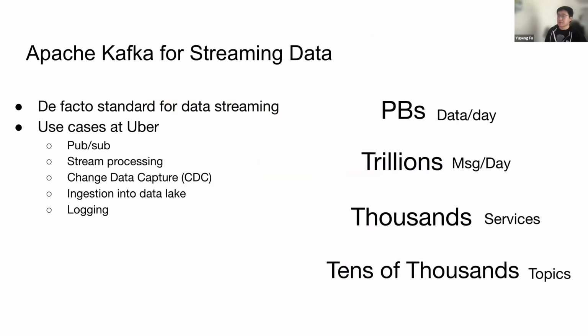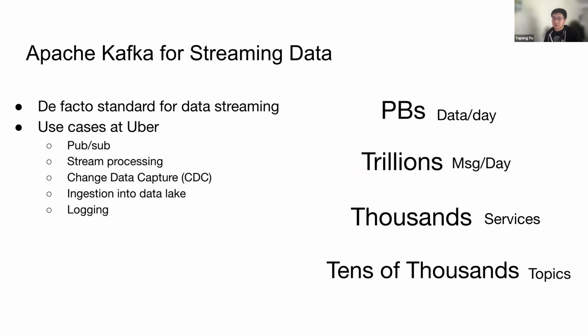So first, let's look at the streaming data where Uber adopted Apache Kafka. Today, Kafka is the de facto standard for data streaming and is widely adopted in the industry. It's a straightforward choice for Uber to take it and it has been used by Uber for multiple use cases.